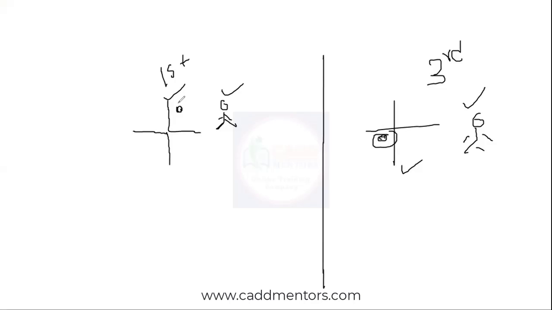Here 1, 2, 3. So here it is placed in between, here it is placed after. And the next difference is, all the views will get reversed in first angle of projection apart from the front view. The front view will remain as the front view. For the rest, at the left you will get the right, at the right you will get the left, and the top and bottom are swapped. But in third angle of projection, each view holds its respective position.